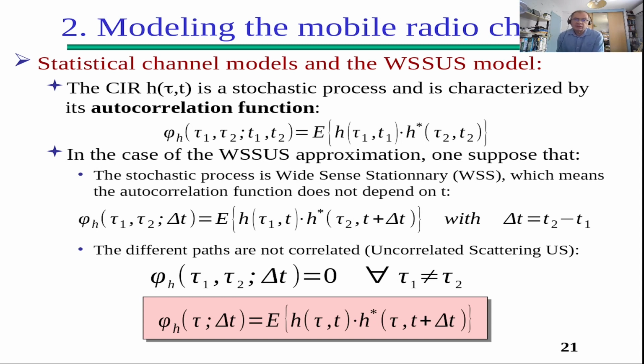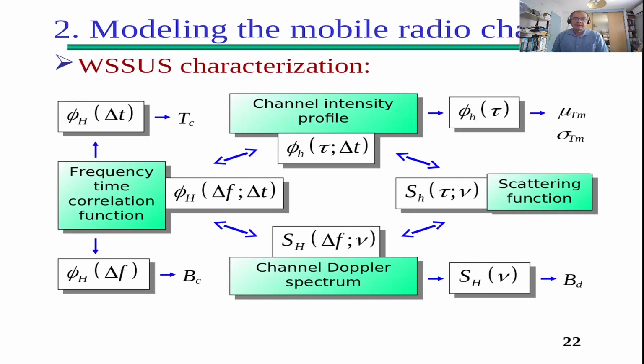And second thing, the different paths are not correlated, meaning that they've got a different physical origin. That's really important, and this approximation is the most well known and well used in practice.